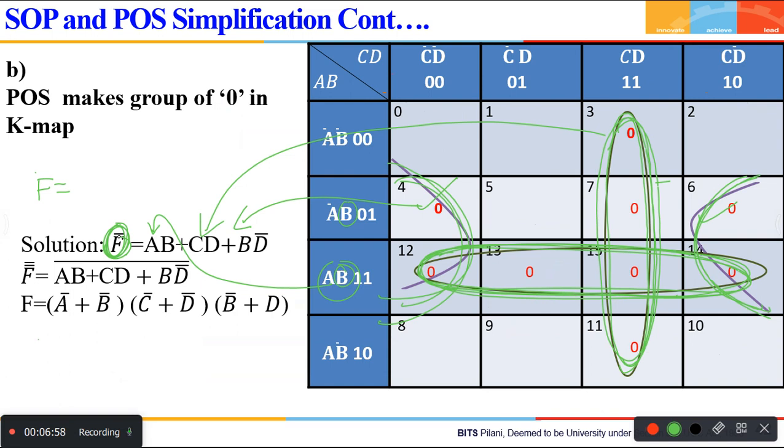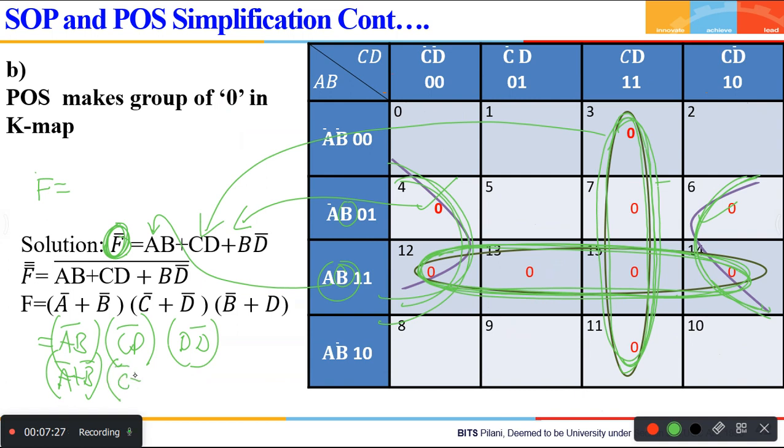Come on, how do you simplify it using De Morgan's theorem? Exactly, it is AB bar into CD bar into BD bar. Now can you tell me once again, can you apply De Morgan's theorem for this? AB whole bar is equal to A bar plus B bar into, what is CD bar?